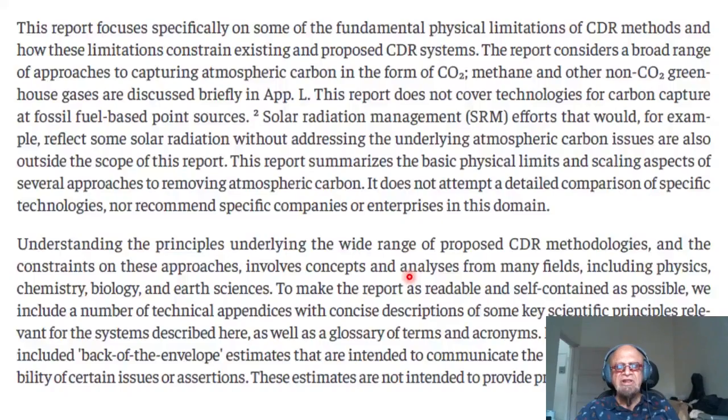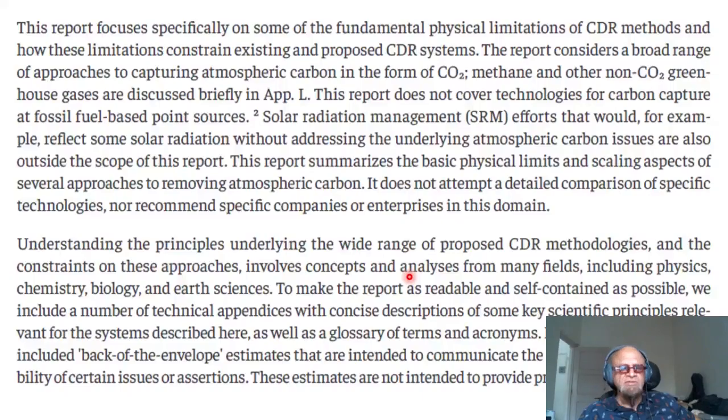Understanding the principles underlying the wide range of proposed CDR methodologies and the constraints on these approaches involves concepts and analysis from many fields, including physics, chemistry, biology, and earth sciences. To make the report as readable and self-contained as possible, we include a number of technical appendices with concise descriptions of some key scientific principles relevant for the systems described here, as well as a glossary of terms and acronyms.